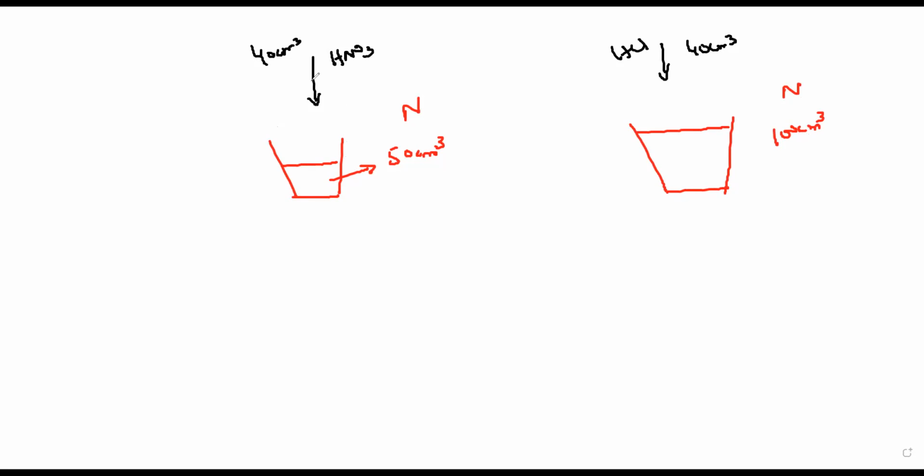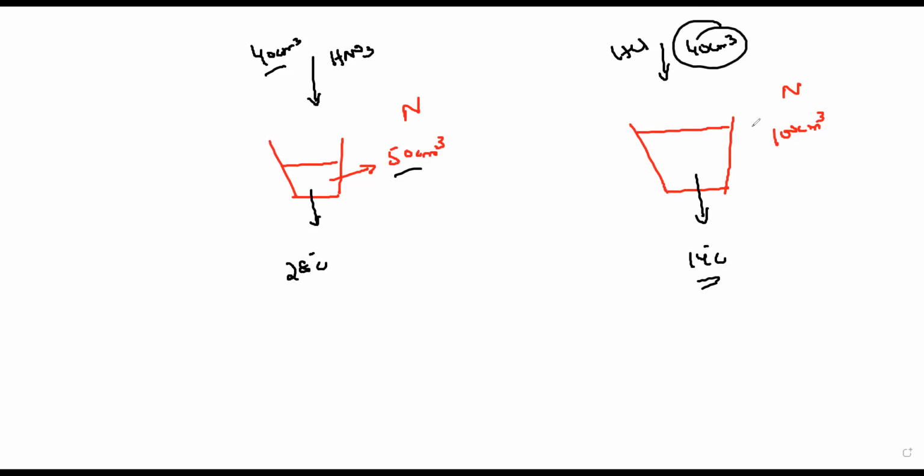So when 40 cm cube reacts with 50, the remaining 50 won't react. So if this solution had a temperature change of maybe 28, then this solution will have an increase in temperature of half. So it will be like a 14-degree change.